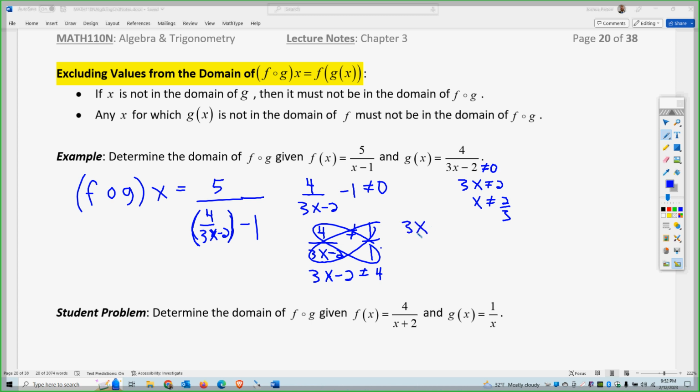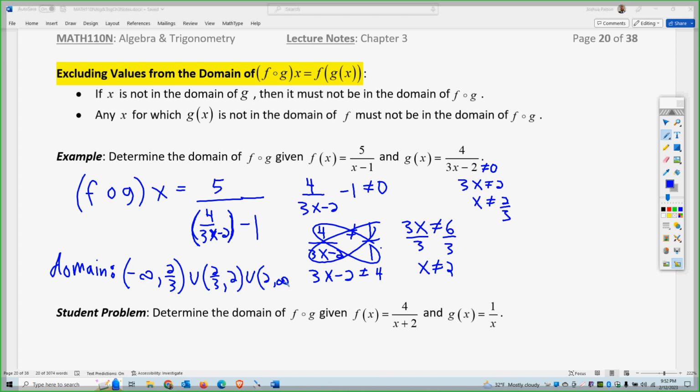If I add 2, it's going to give me 3x cannot equal 6. And if I divide by 3, x cannot equal 2. So x can be any value except 2 and 2/3. So the domain of this composition is anything for x except for 2 and 2/3. So we're going to do negative infinity to 2/3 union 2/3 to 2 union 2 to infinity.